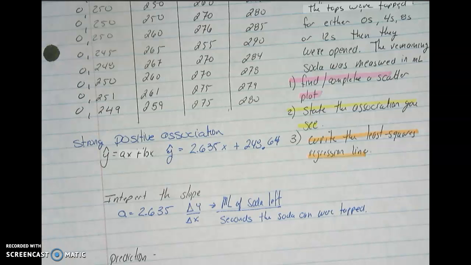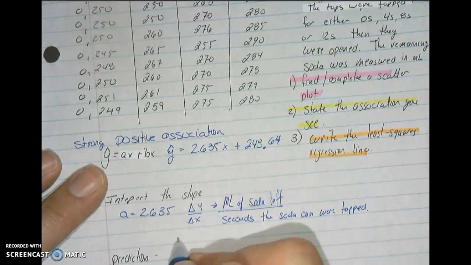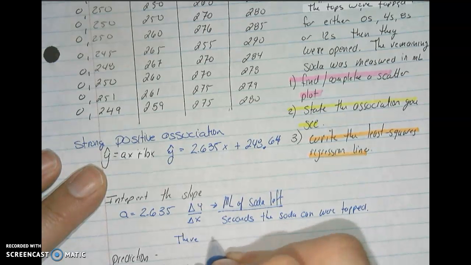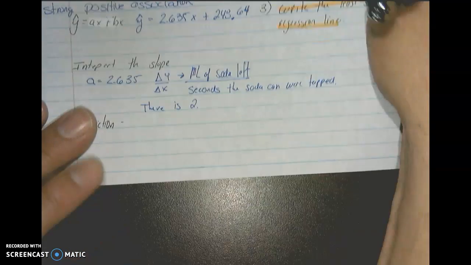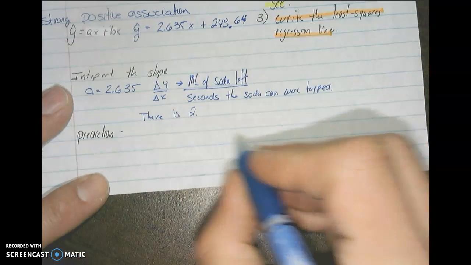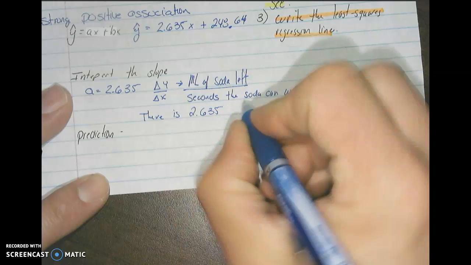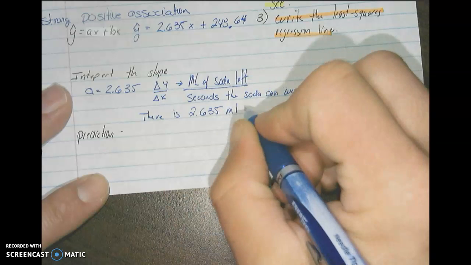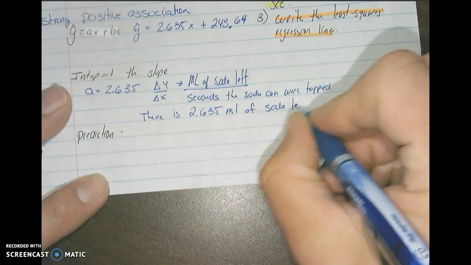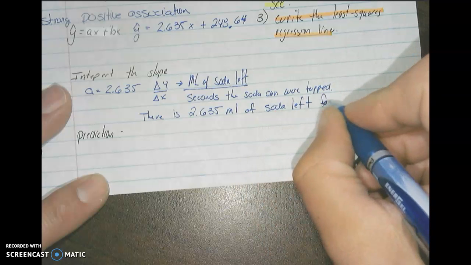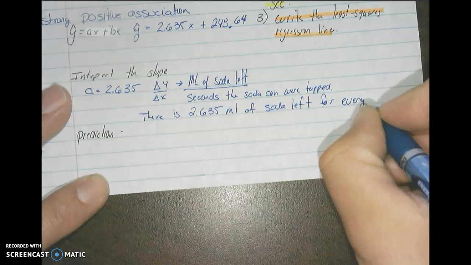All right. So if I interpret the slope, it's going to be: there is 2.635 milliliters of soda left for every, and what's our denominator?